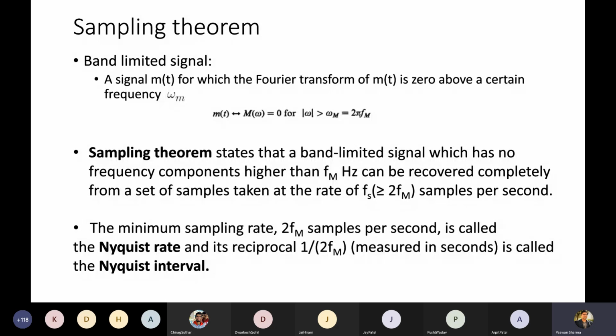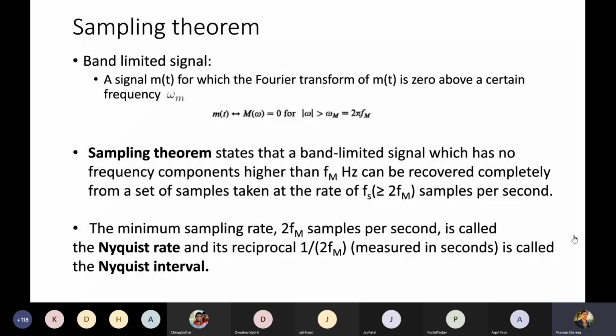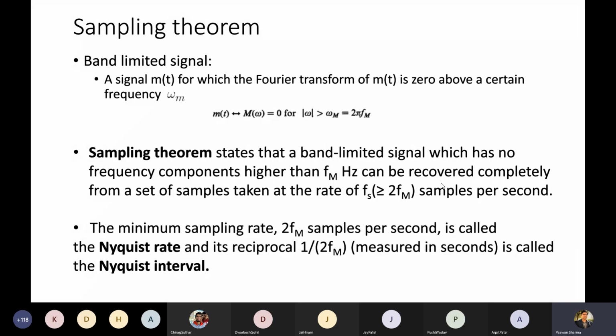If you have a signal with maximum frequency component 4 kilohertz, please do not sample at 2 kilohertz or 5 kilohertz. You should not do that. Rather, you should sample that signal with at least 8 kilohertz of frequency or more than that. That is the sampling theorem. Then only you would be able to reconstruct the original signal which you have sampled.